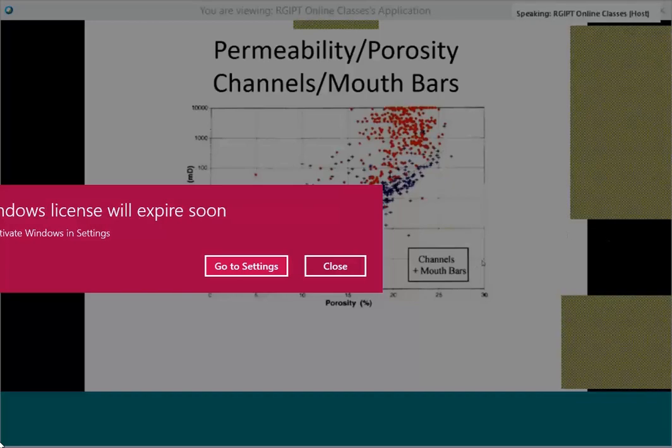Okay, so as porosity increases, permeability increases. Okay, that's kind of okay. Anybody else want to say anything?